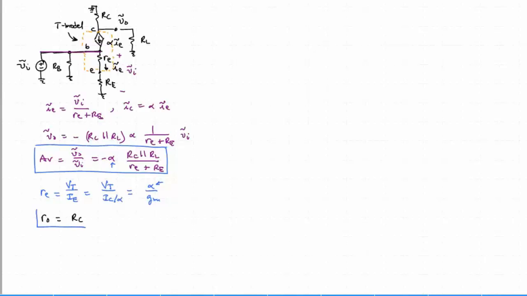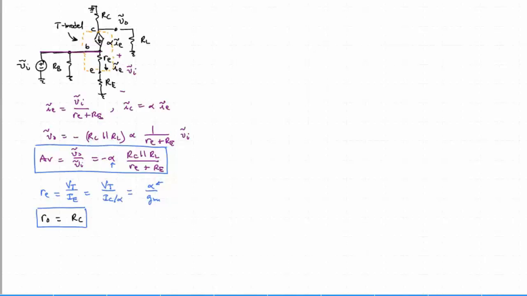That's pretty apparent here. Now we're ignoring the output resistance of the transistor. In other words, the early voltage that shows up as an RO across from the collector to the emitter. We're leaving that off for now.